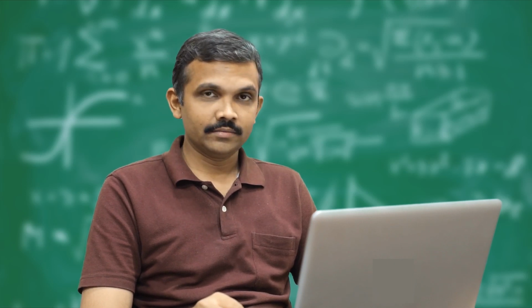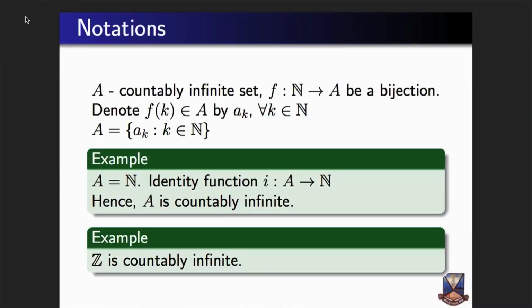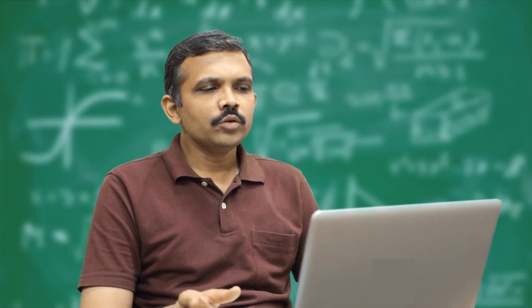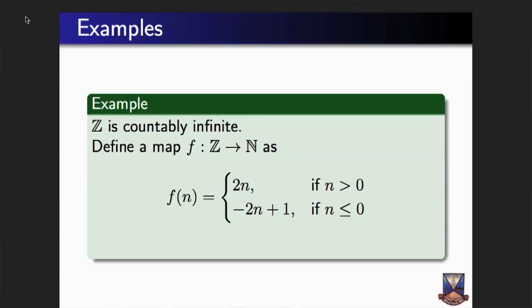What about Z? Yes, Z is also countably infinite, and it can again be proved a little more precisely as follows. I will just disclose a map which is a bijection from Z to N. It is defined as f of n is equal to 2n if n is positive, and it is minus 2n plus 1 if n is less than or equal to 0.